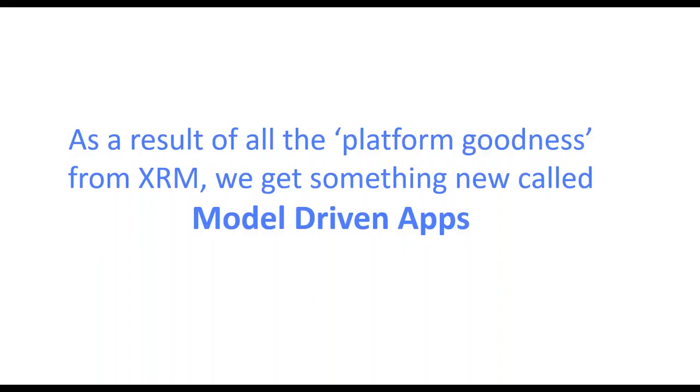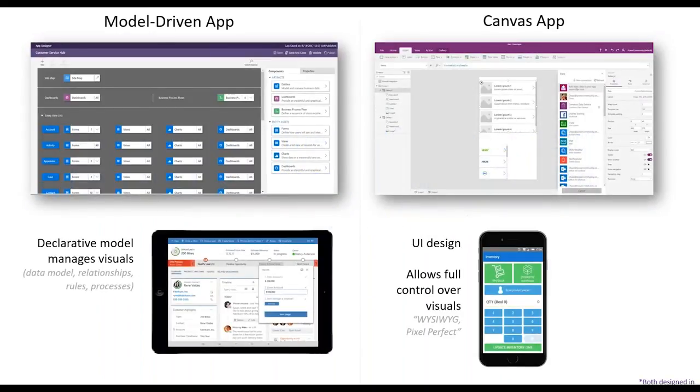As a result of that platform goodness we get from XRM, we get something new called model-driven apps. Model-driven apps. Now, for those of you on the call today, if you've worked with Dynamics CRM or XRM in the past, the term model-driven apps might be new to you, but you already know what it is because it's basically essentially the XRM apps.